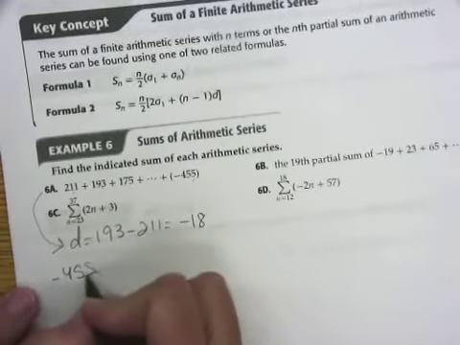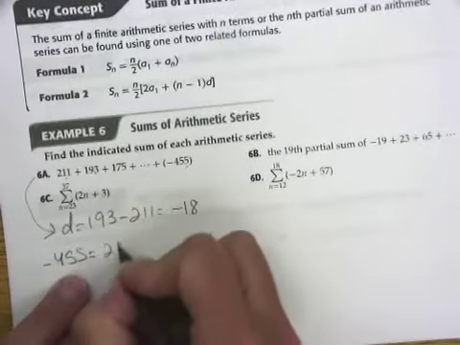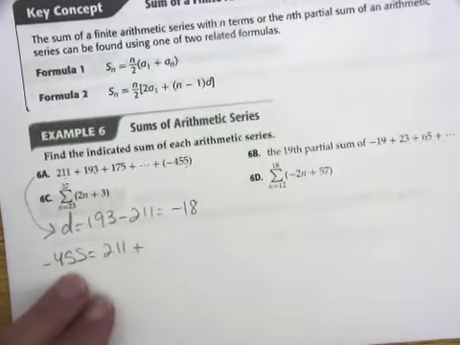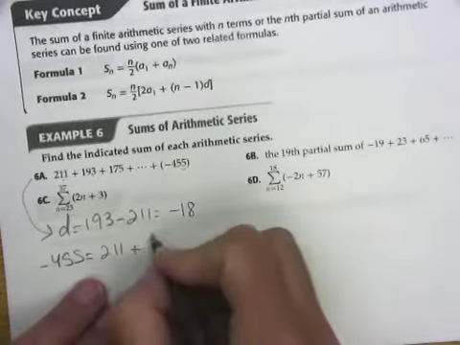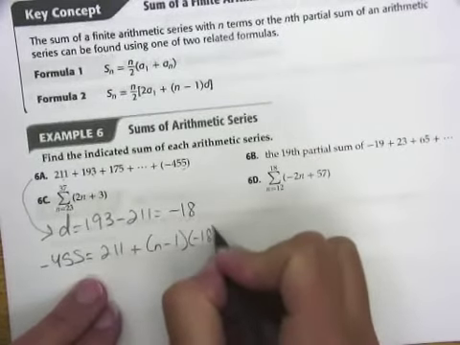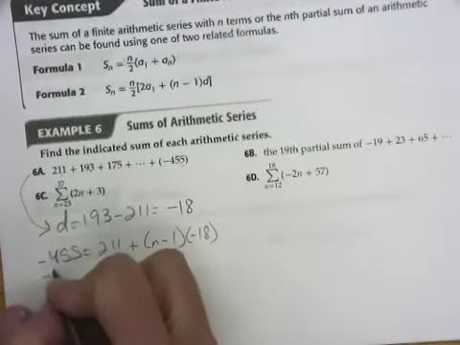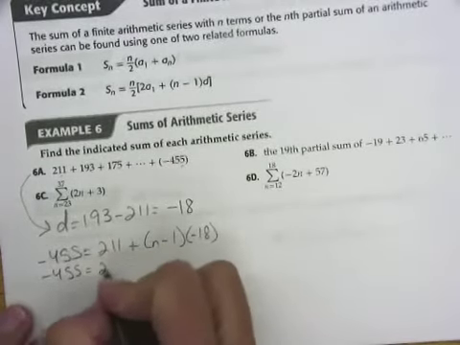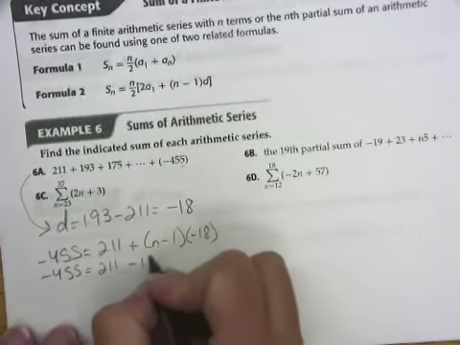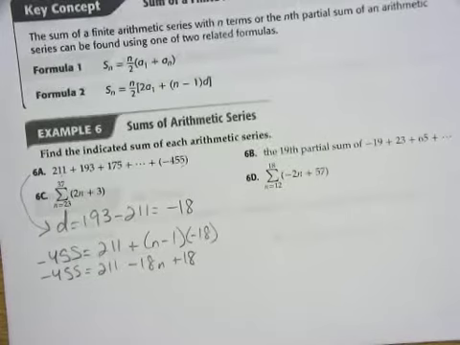So I know negative 455 is my last term. I know that 211 is my first term. I know that it equals n minus 1 times my common difference of negative 18. So I need to solve this equation. Negative 455 equals 211 minus 18n plus 18 when I distribute this common difference of negative 18.